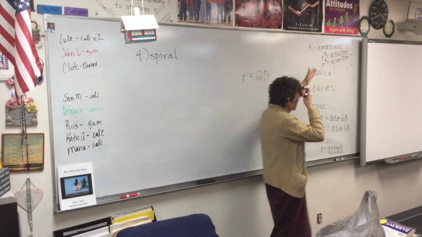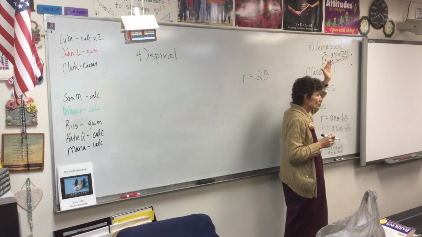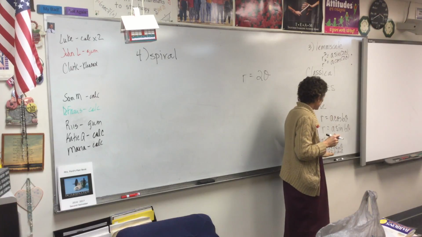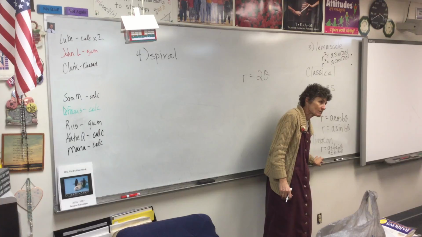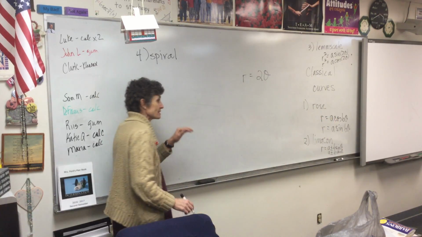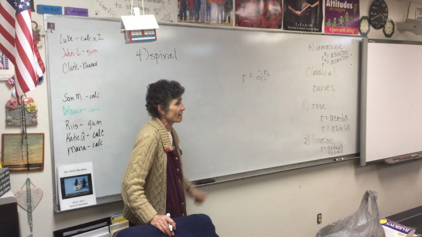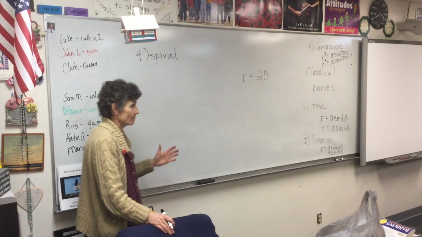You will know the equation of a lemniscate because it's the only one that has a square. You will know the equation of a limaçon because it's the only one that has an add or a subtract. You will know the equation of a spiral because it's the only one that doesn't have a sine or a cosine in it. Right? Easy.